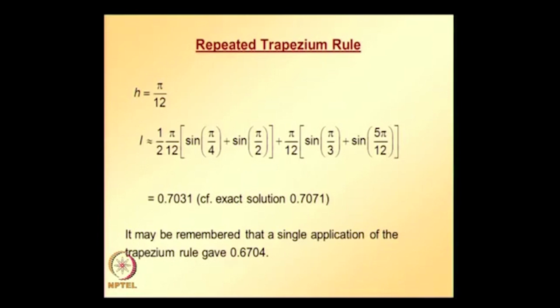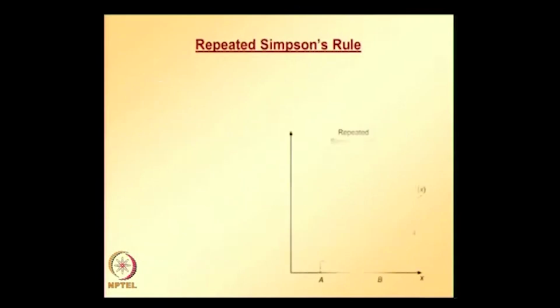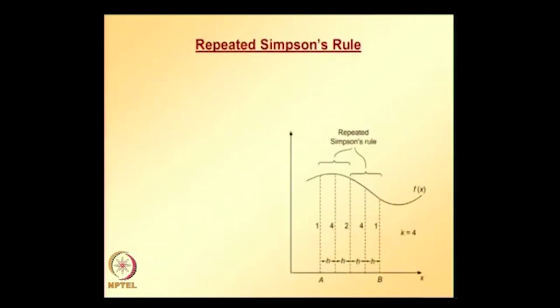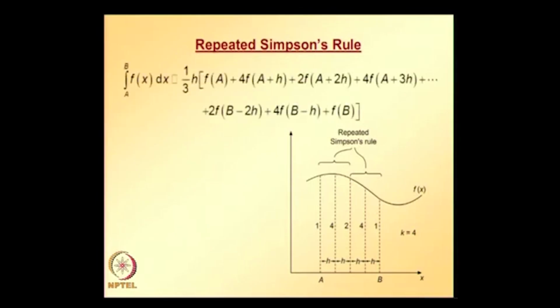Now let us look at repeated Simpson's rule. We need to apply the same logic. Instead of integrating a function or integral between the limits a to b at a single stretch, we divide this width a to b into a number of strips of width h. So the h value depends on the number of strips and the distance between a and b.